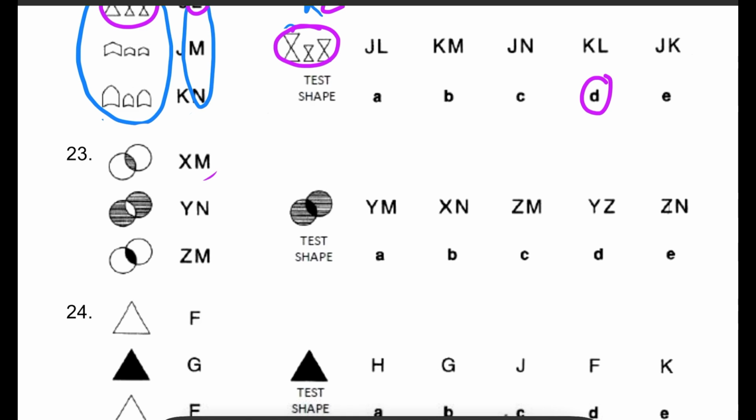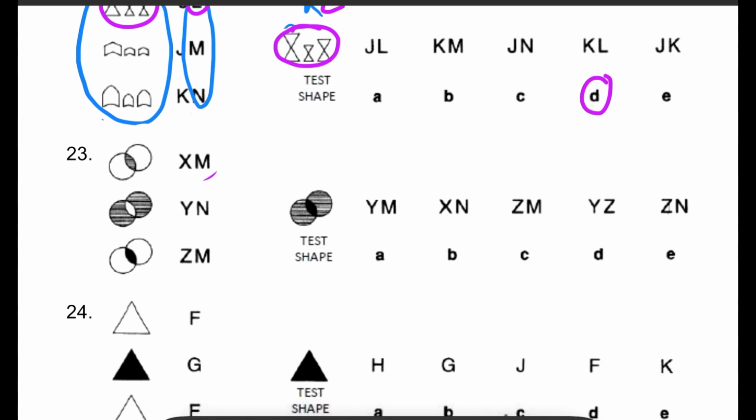Whereas in the test shape, it's shaded in black.